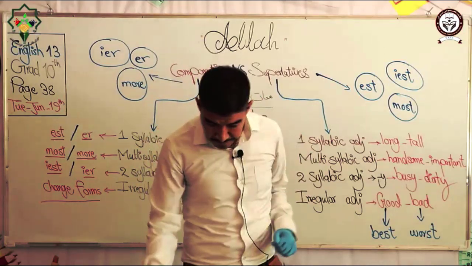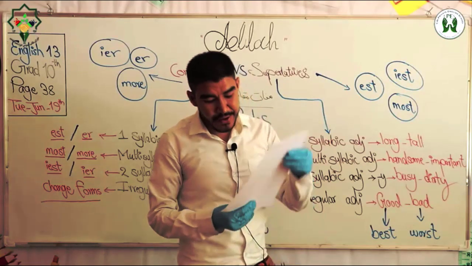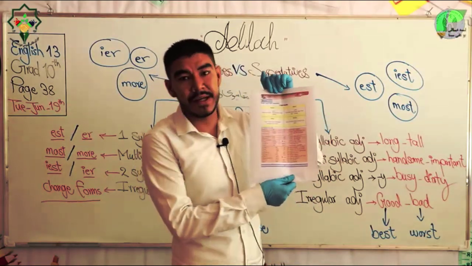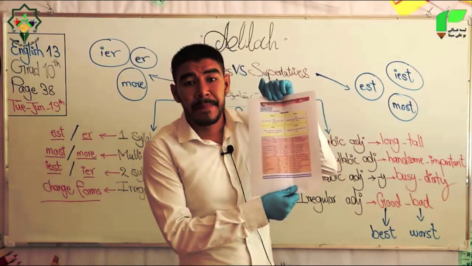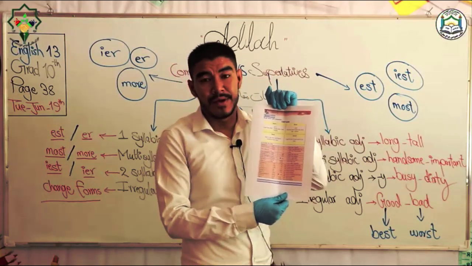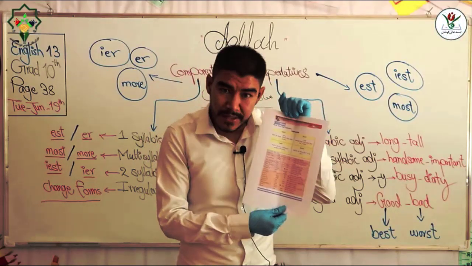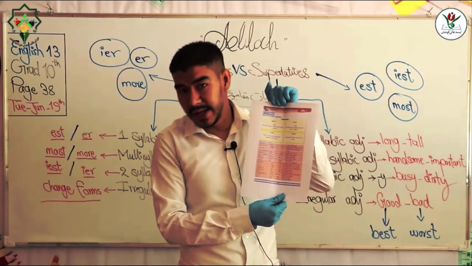Okay. So open your book on page 38. The next lesson of this session is about comparing. You have studied this title before because you studied the reading passage in the last class.